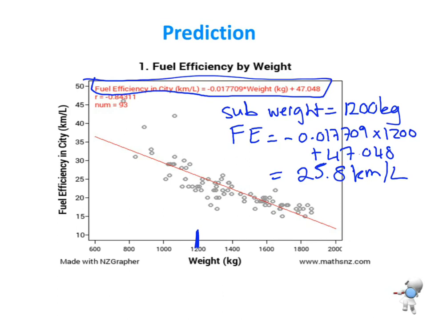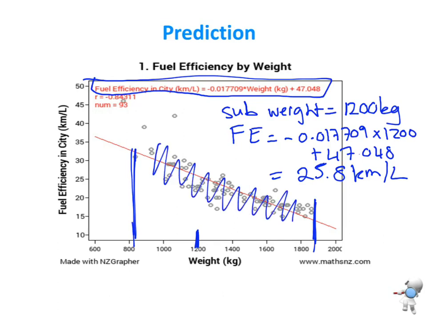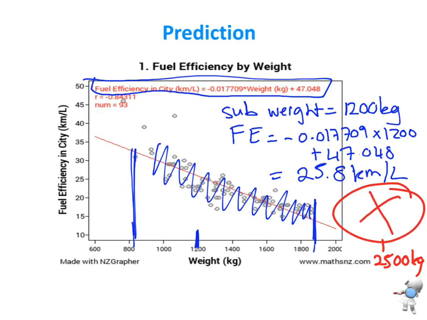So if I am predicting within the range of the data, and here my data starts from just over 800 kilograms to say 1,900 kilograms, if I'm predicting inside that range, I'll have a reasonable amount of confidence in that prediction. But if I wanted you to predict a car that weighed 2,500 kilograms, we have absolutely no data there.